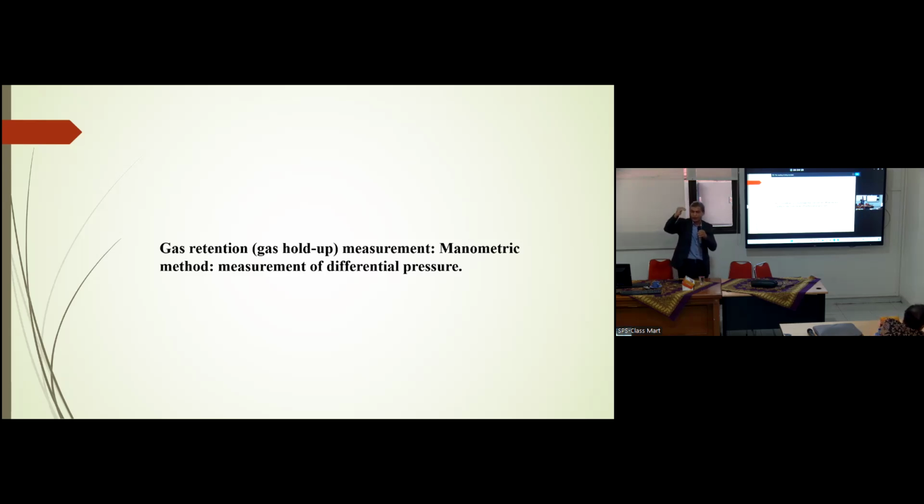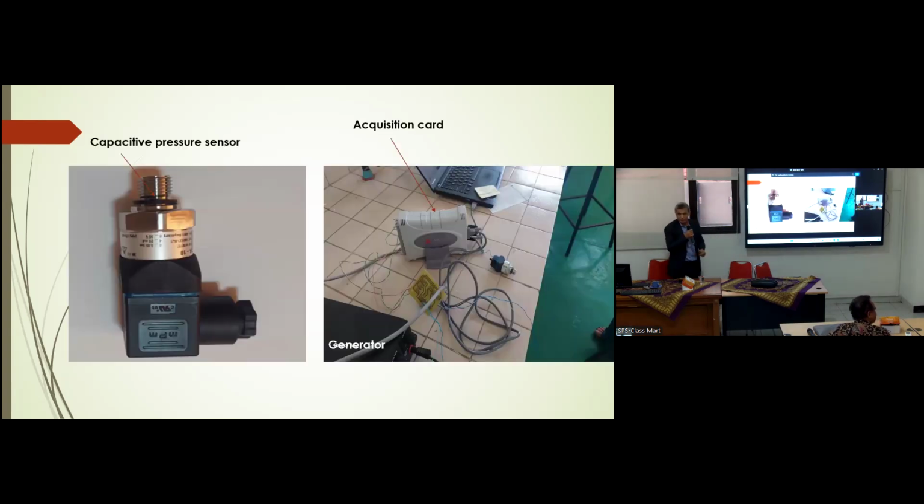We have liquid, and after that liquid plus gas, and we can measure the percentage of gas by this technique, by putting in a pressure probe. Here we have the pressure probe, and we have the acquisition card to get a signal to measure the pressure, okay?